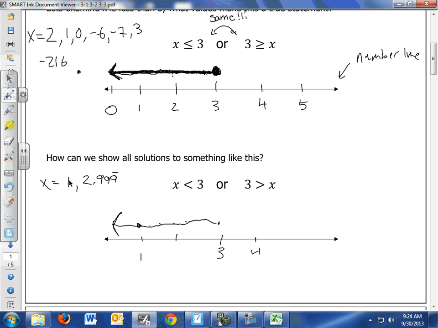That arrow will get us to that negative 216 that works. I guess negative 21.6 works as well. But we're going to go up to, but not include 3. To not include 3, what we're going to do is draw an open circle right above 3. This open circle means not including.